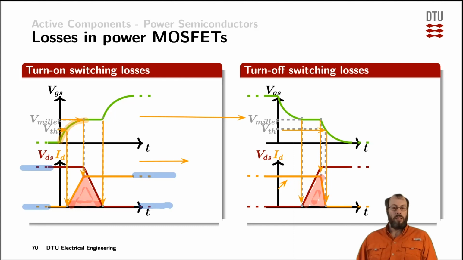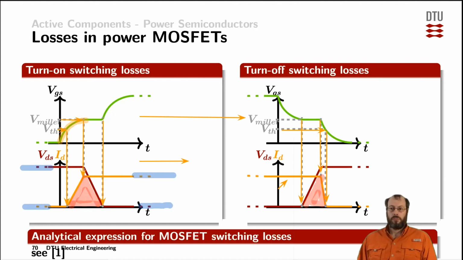Now note that these areas are not looking exactly the same, which is based on the shape of the exponential functions from the gate control. You can find the simplified equations for those losses in the textbook.